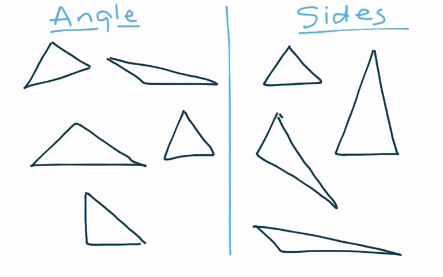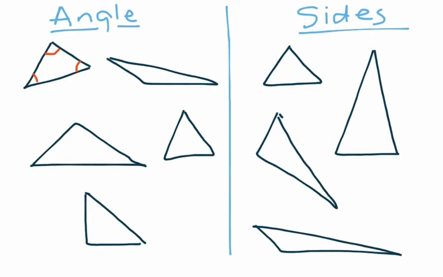Okay, so like right here, if we're going to be labeling these triangles by their angle, we're going to be saying if a triangle is an acute triangle, a right triangle, or an obtuse triangle. So we're going to look at the angles in this one, and this angle, and that angle, and this angle.